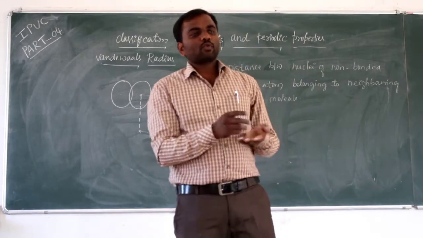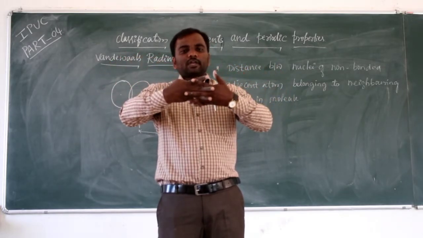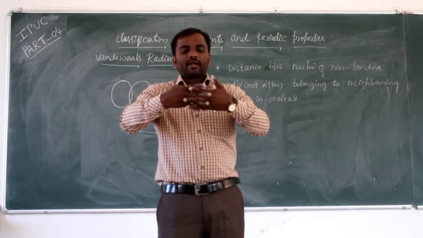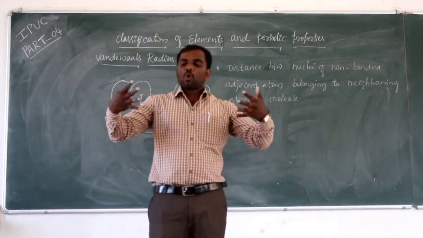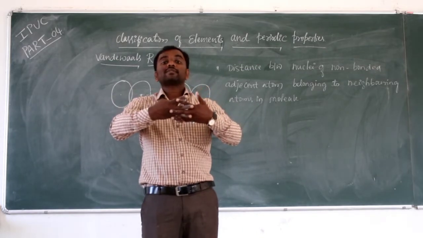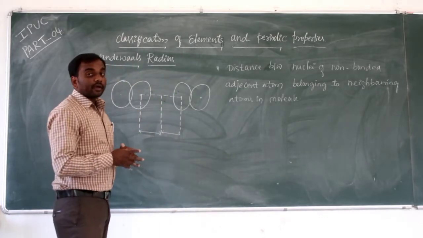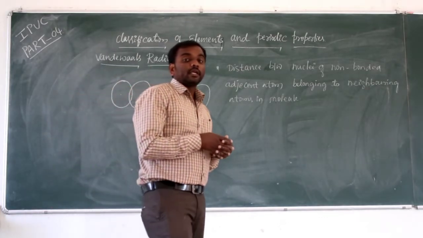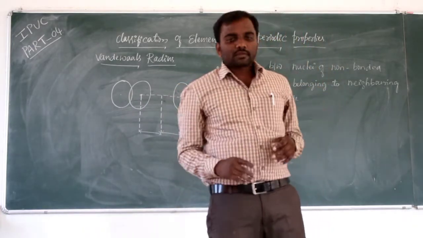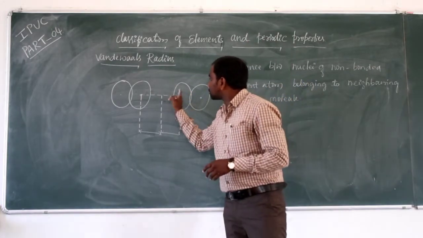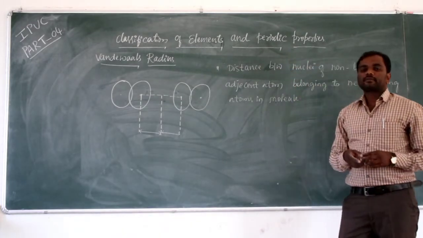Overlapping of orbitals means one orbital overlaps with another orbital to form a covalent radius, right? The covalent radius is formed by the overlapping of orbitals, right? But this van der Waals radius is formed when atoms come closer without overlapping of the orbitals, right? That is the van der Waals radius.